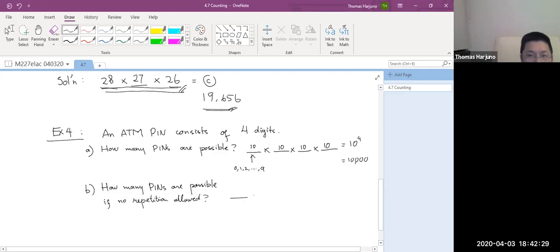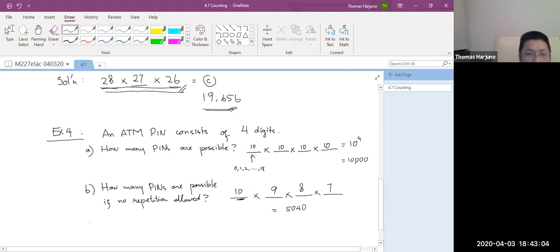We still have 4 places to fill up. The first one, we have 10 choices. And then the second one, I have only 9, because I cannot use the number I already used earlier, right? If the first choice I have 10, then that choice will be taken away. Then I have only 9 choices for the second, and then 8, and then 7, which when I multiply, I get 5040.